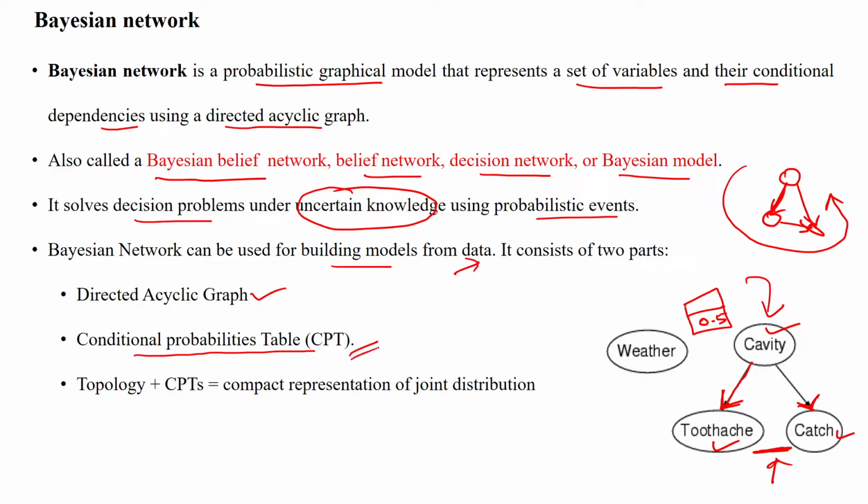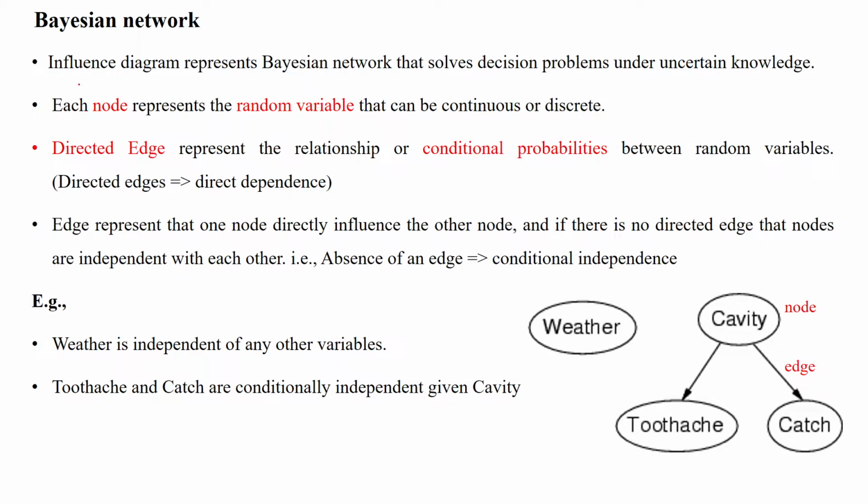That table is called the conditional probabilities table. The combination of the directed acyclic graph and the conditional probability table represents the joint distribution of variables. This diagram is called an influence diagram, which represents the Bayesian network to solve decision problems under uncertain knowledge.